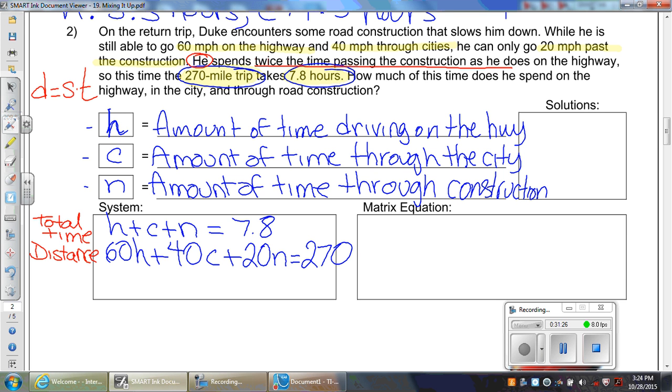So what that means is we're going to compare the speed of the highway with the speed of the construction. So if you notice, his speed was 40 miles per hour driving through the city, and it was 20 miles per hour driving through the construction.